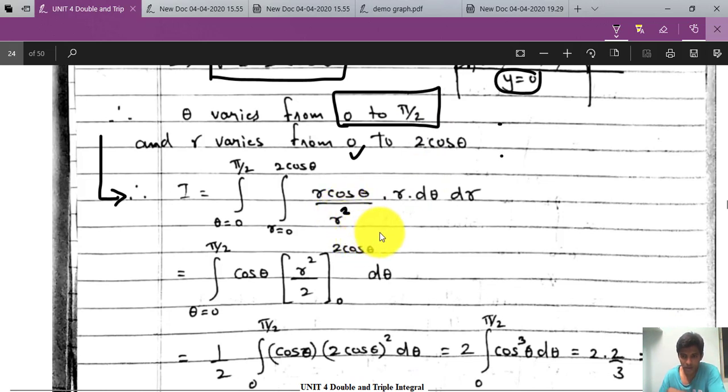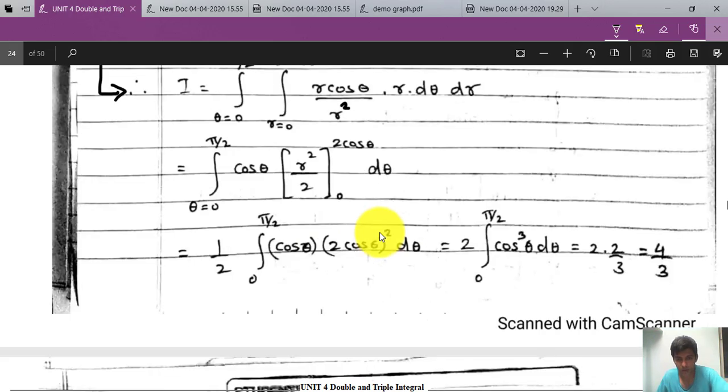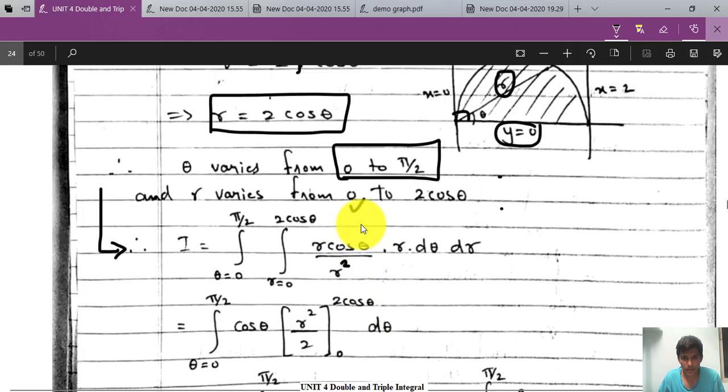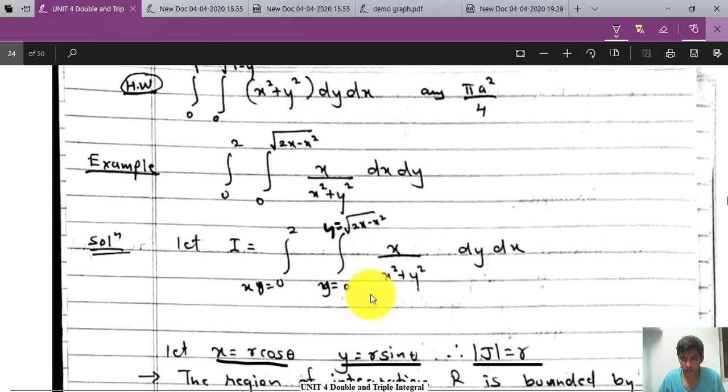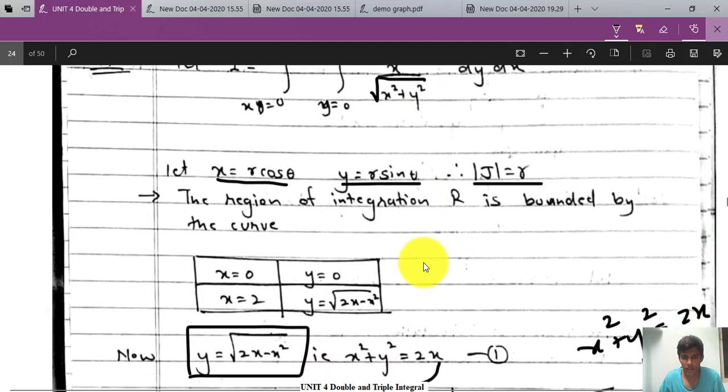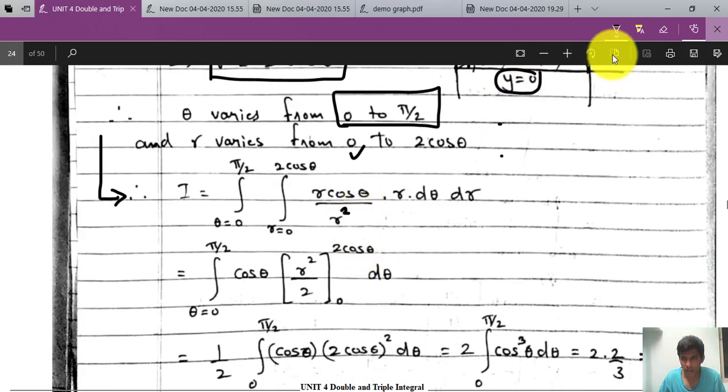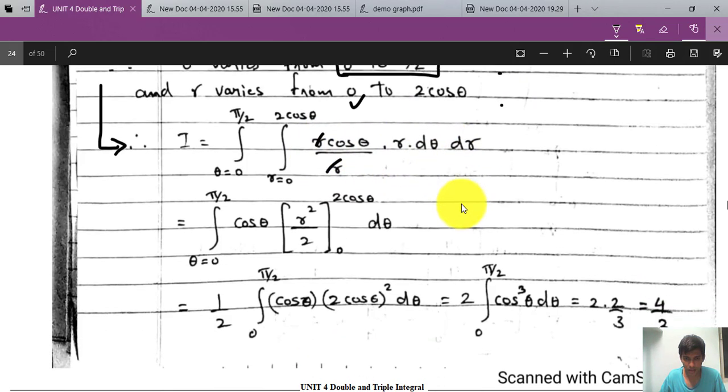So the square root of r square turns out to be r. This r and this r get cancelled, so you are left with cos theta r dr d theta.